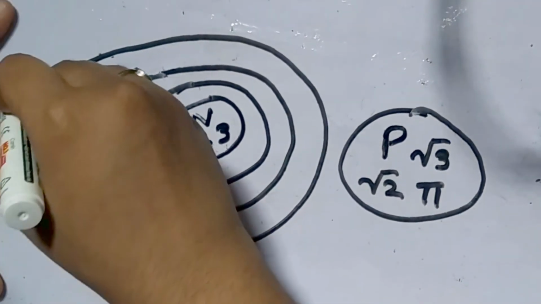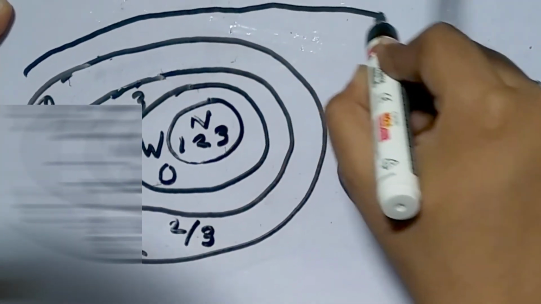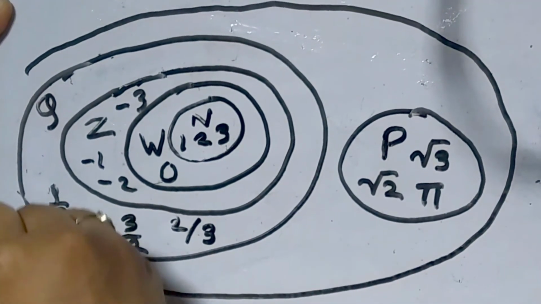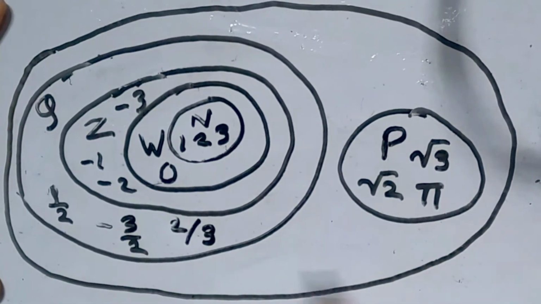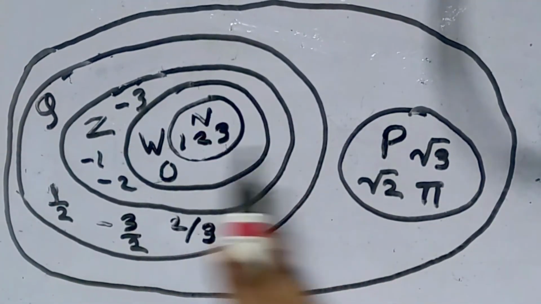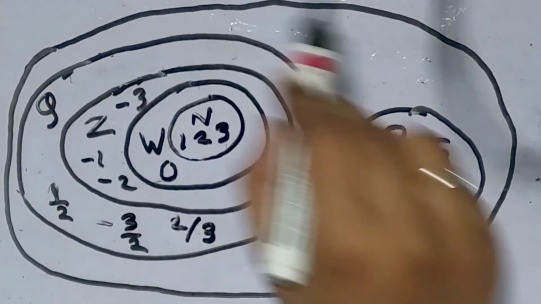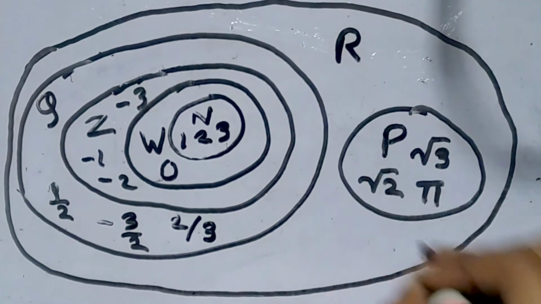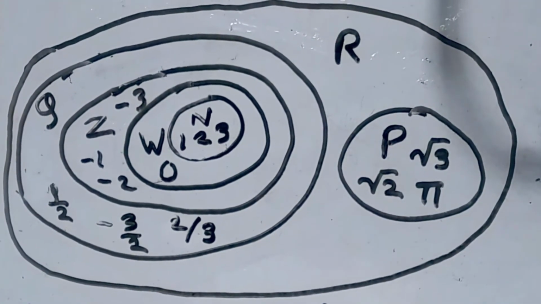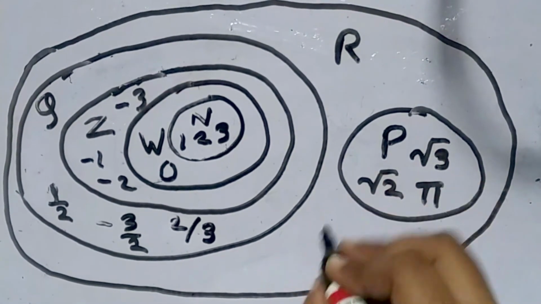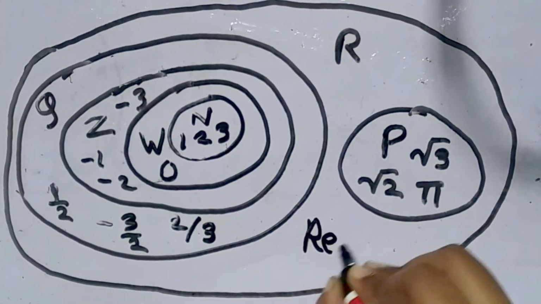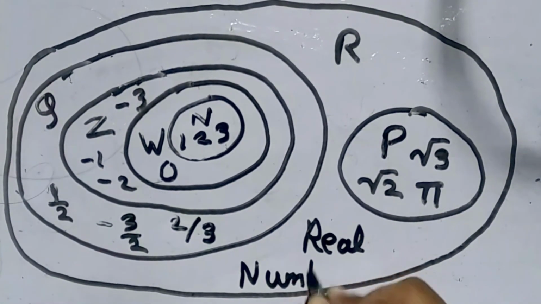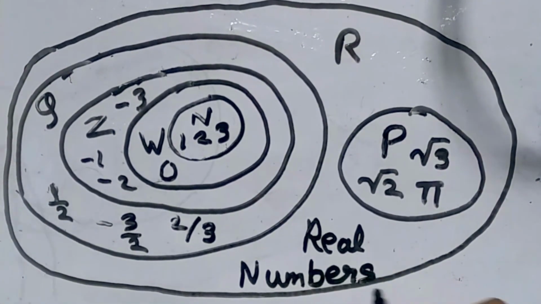Now all the numbers, rational and irrational numbers, together are called real numbers. Rational numbers and irrational numbers together we call real numbers, and we denote it by R. This full thing is called real numbers.